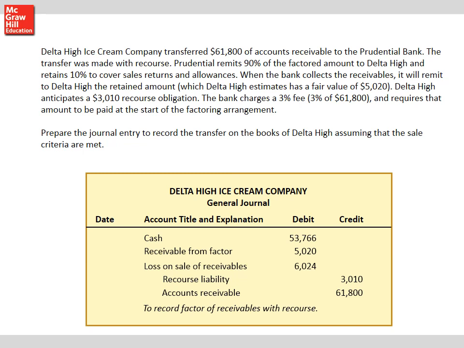So subtract that from the $55,620. The actual cash, $53,766. The company feels that Prudential will probably collect most of these, if not all of them. There will be very few sales returns. So they feel that they still may get from Prudential another $5,020. So the max they get might be almost $58,786.